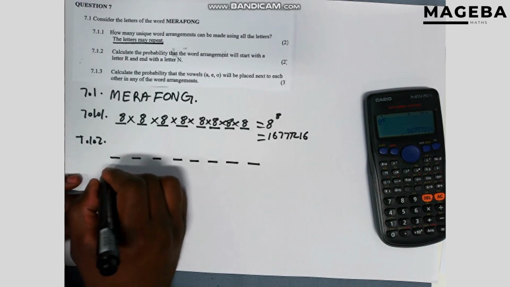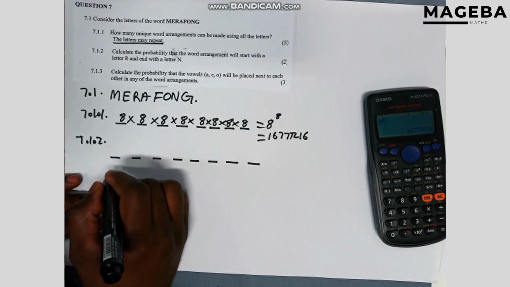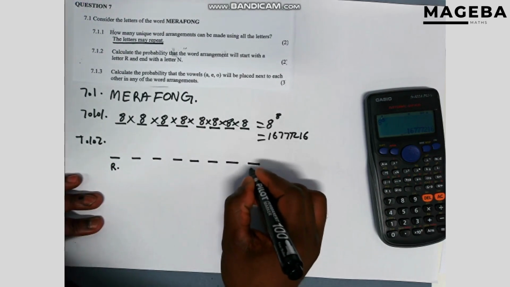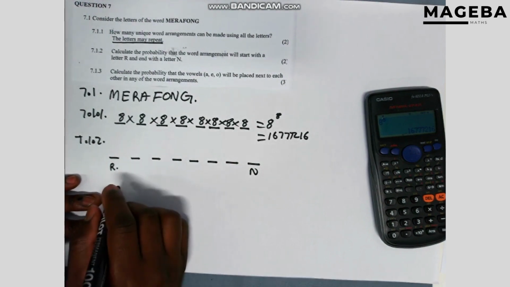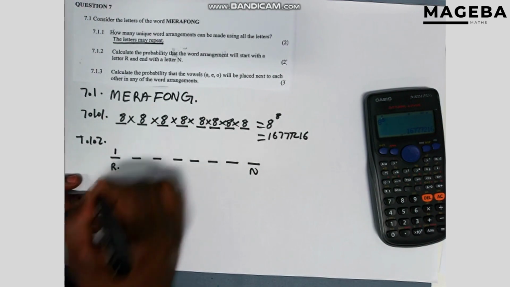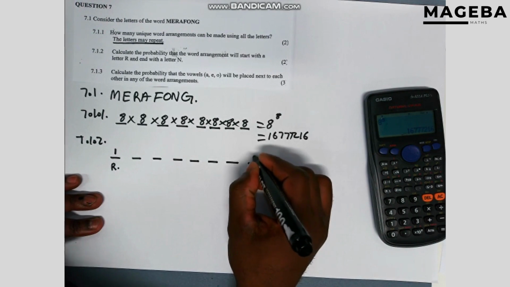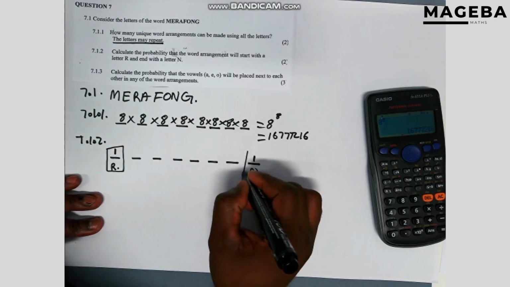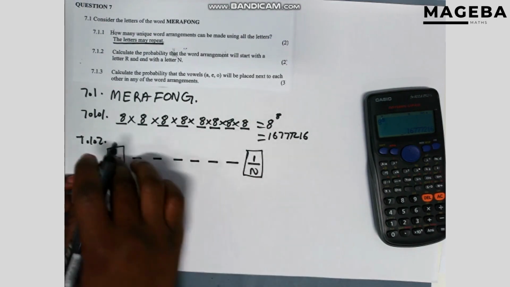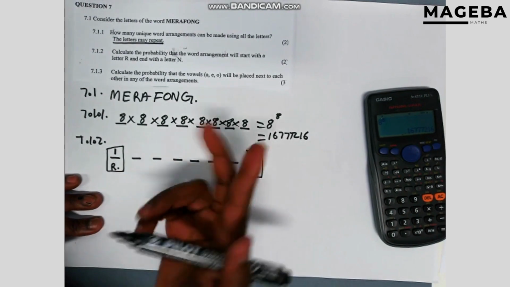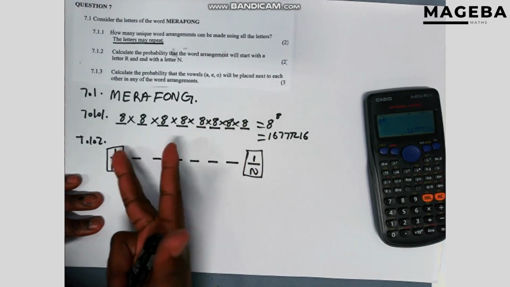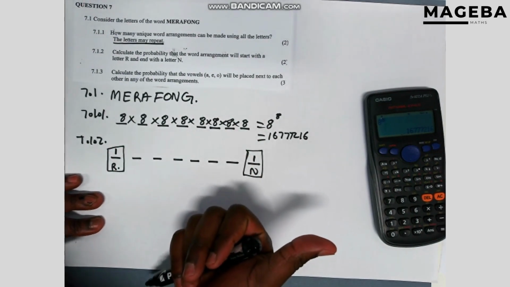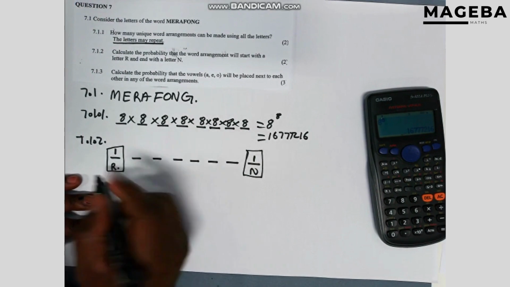Now they are telling us that we are going to start with R, so we have R here, and N here. So 1 R is going to be here, and 1 N is going to be here. This one is fixed, like it or not. From 8 letters, I've already used 2 letters. How many are left? 6 letters are left.